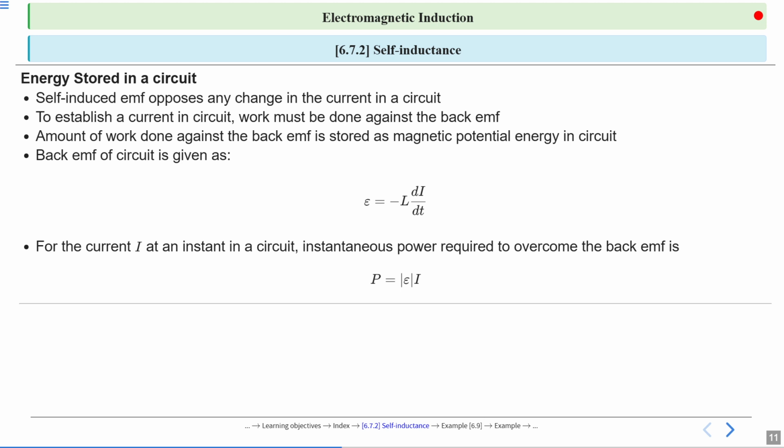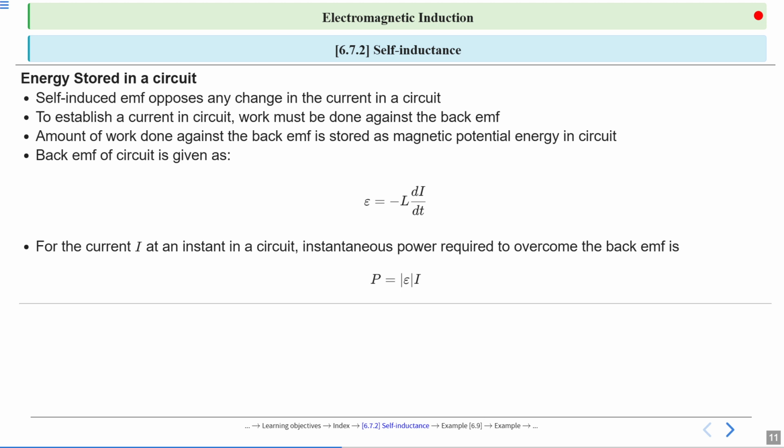Okay, so now we are going to provide external power that will oppose the effect of induced EMF. So we have to provide the same amount of power as induced EMF is providing. Okay, so EMF is induced, current is induced, due to which there is some power of induced current.